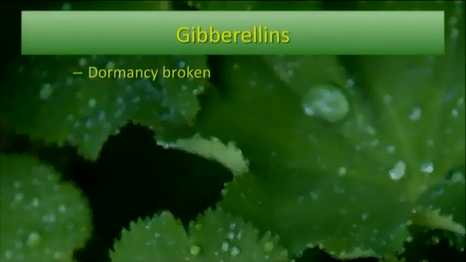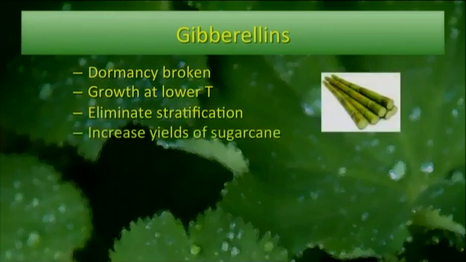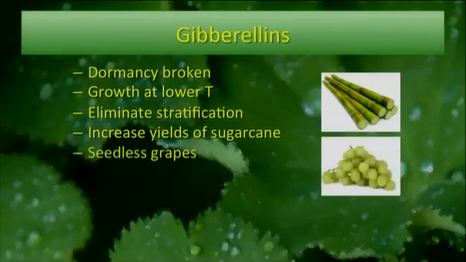They also break dormancy of seeds, allow growth at lower temperatures than usual, and you can actually eliminate stratification. So stratification happens when you get seeds and you cold treat them. They can increase the yields of sugarcane. They actually allow for the formation of seedless grapes, for larger fruits of seedless grapes.